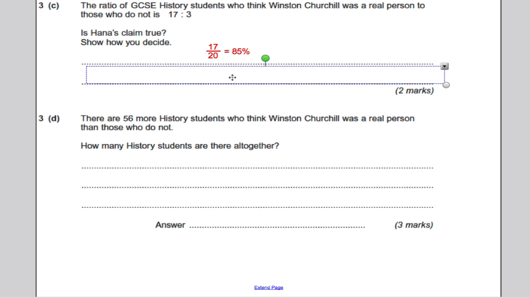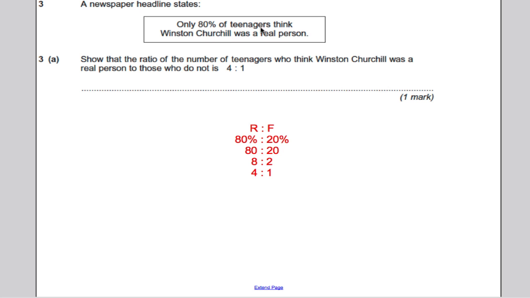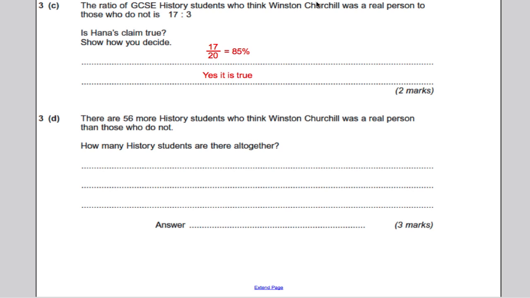So is it true? Yes, it is. 80%, according to the newspaper headline, said that teenagers would think he was real. Hannah reckoned that more history students would think he was real, and in this case, her claim is true.